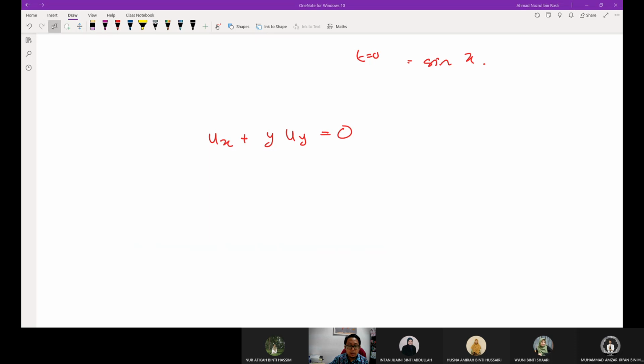And for the ODE or the ordinary differential equation, you can get the value is y equal to c e power of x. And for dy over dx equal to y over 1. So dia ada berapa ya equation di sini.